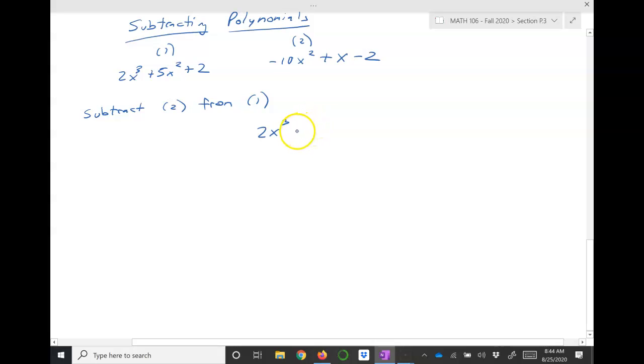We're missing the x term here. So I'm going to put a plus 0x, right? We don't have that term there. And then subtract, and I'm going to write the second polynomial. Now we're missing the x cubed term. So I'll put 0x cubed minus 10x squared plus x minus 2.